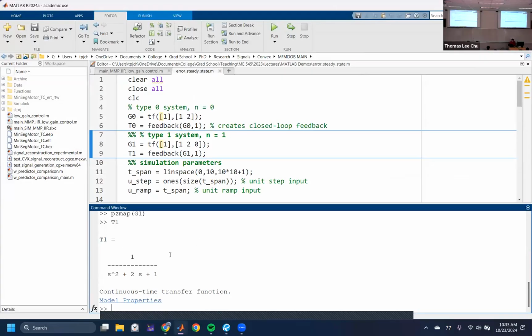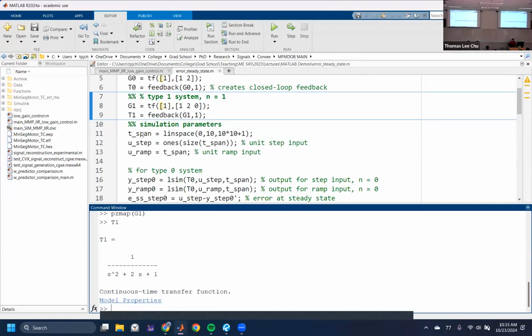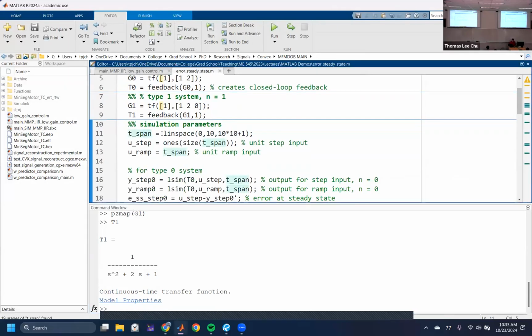So then when we look at the feedback of the system, we get that. And then to run my simulation parameters, we basically have a time span here. And then this is going to be my step input, meaning that I just have a constant value. For the ramp input, the nice thing is we can just use our time span as a ramp input, because a ramp grows linearly with time.